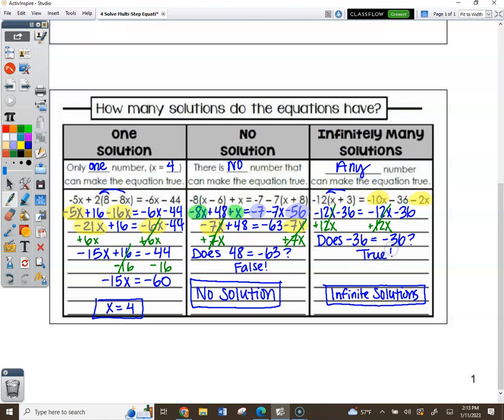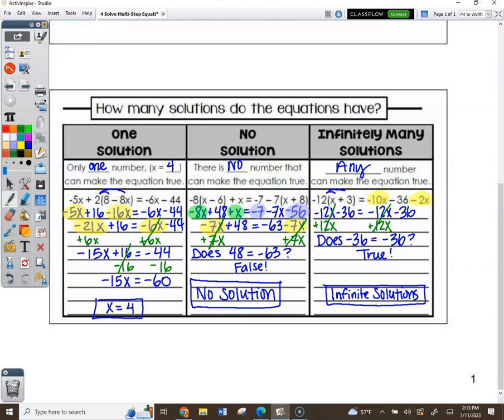And the answer is true, which is why it's infinite solutions. Which means any number you pick and plug in, the left will equal the right. That's because when you clean up the left and the right, they're the same expression. That's why it's infinite solutions.